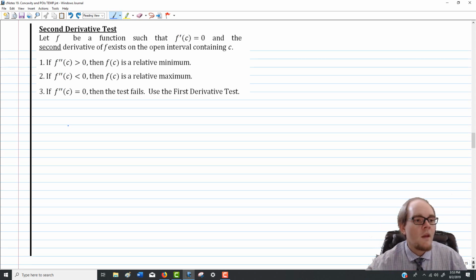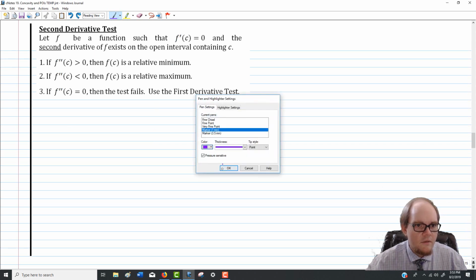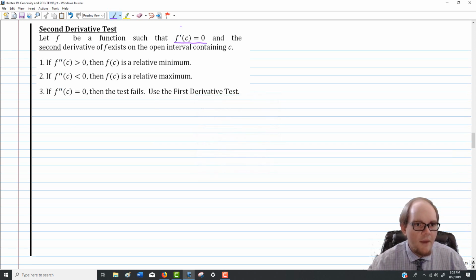So the second derivative test says, let f be a function such that f prime of c equals 0, and the second derivative of f exists on the open interval containing c. So we're saying that we've got a place where the first derivative is equal to 0. Ooh, that's important. First derivative equal to 0. That tells us, of course, that we're talking about a critical number.